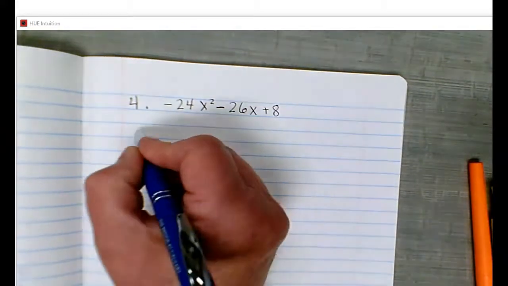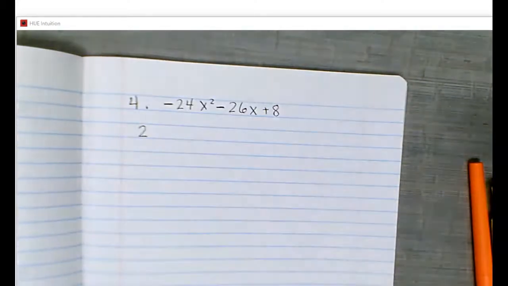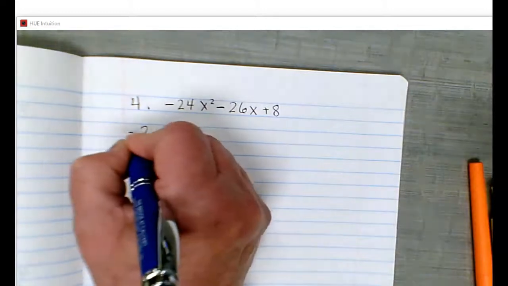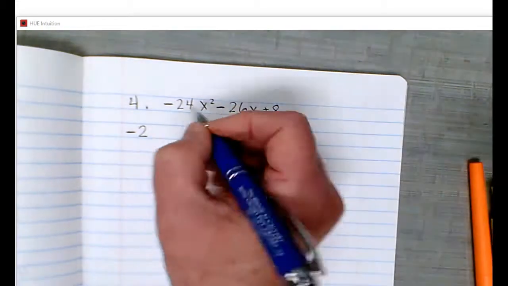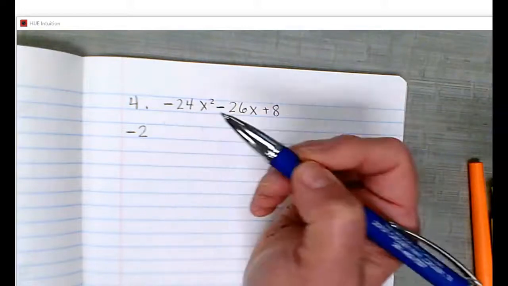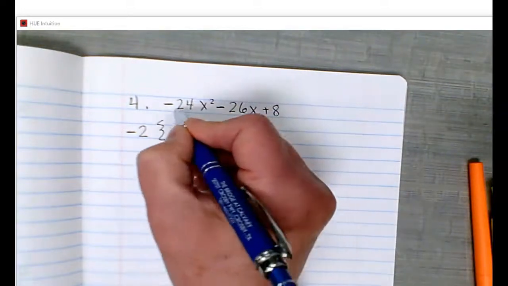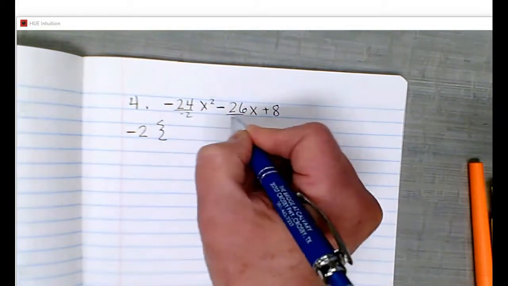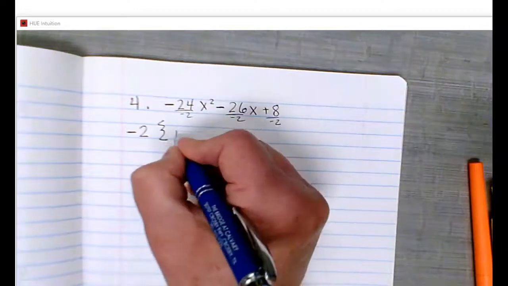No. If this starts with a negative, I factor out a negative because it confuses my mind to try to have that many negatives in the problem, or to have an A that's negative. That makes it harder for me to factor. And so if I take out a negative 2, the negatives are going to cancel.